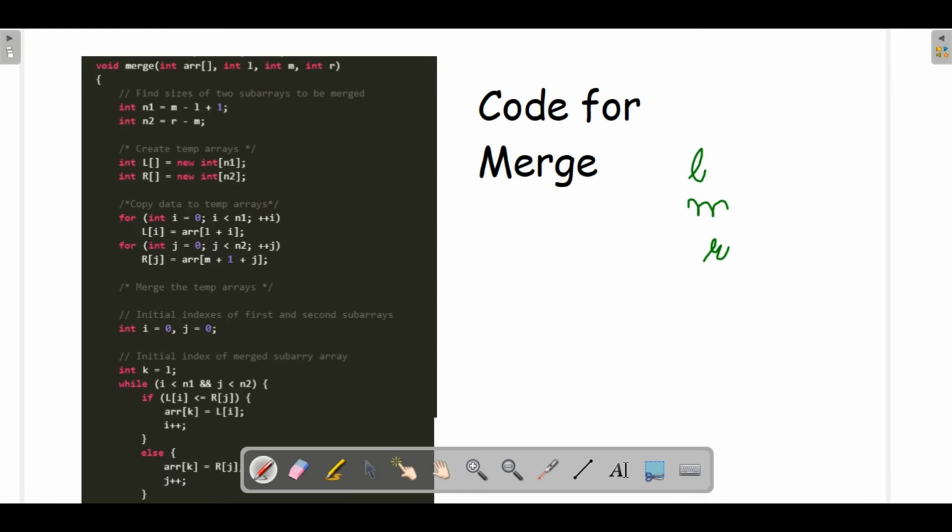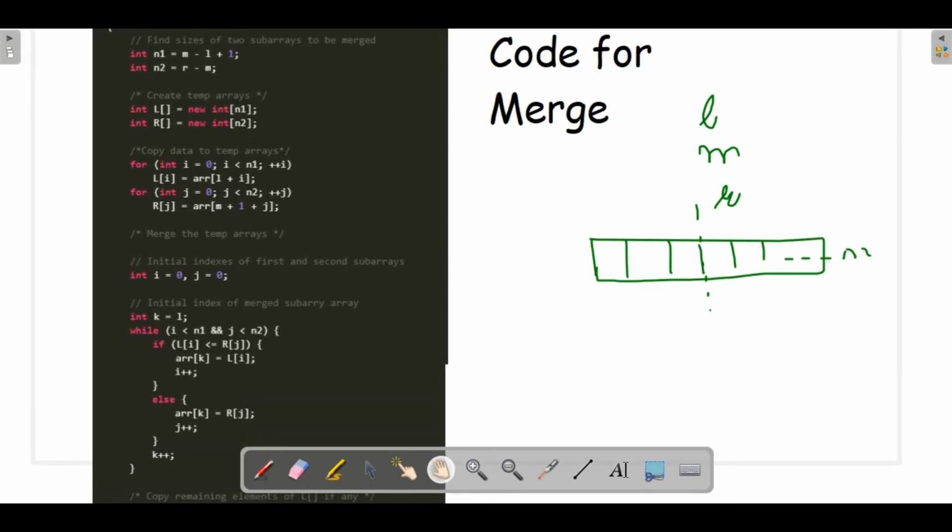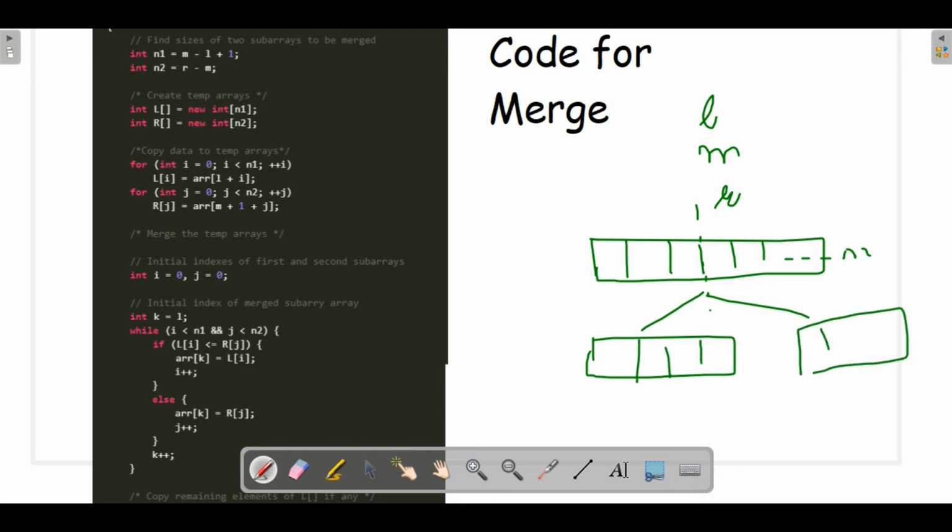See, int, we would be finding the sizes of the two subarrays to be merged. Why? Because see, if this is your subarray of, say, till n elements, you would be finding a particular middle element. After finding that particular middle element, you would be getting two further subarrays of, say, if it is n elements.